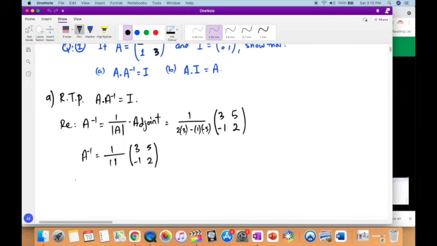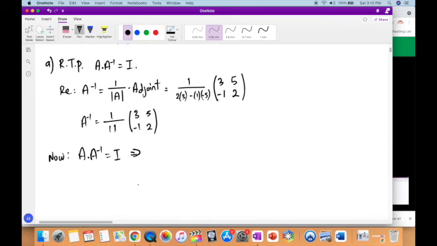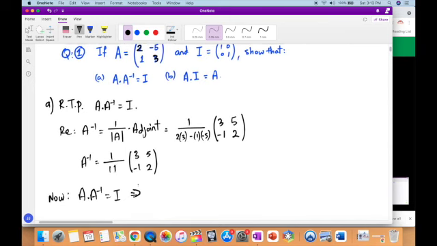So now, to prove A times A inverse equals I implies. Notice the clear statements. You could follow the story going down the road, right? So I have the A times the A inverse.